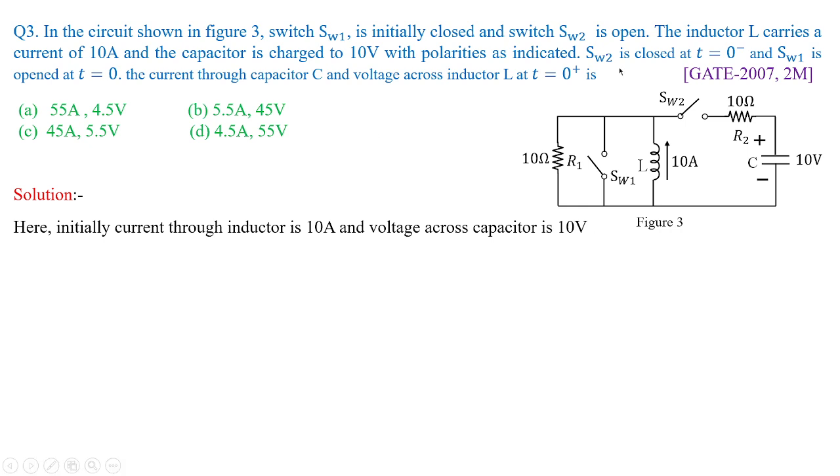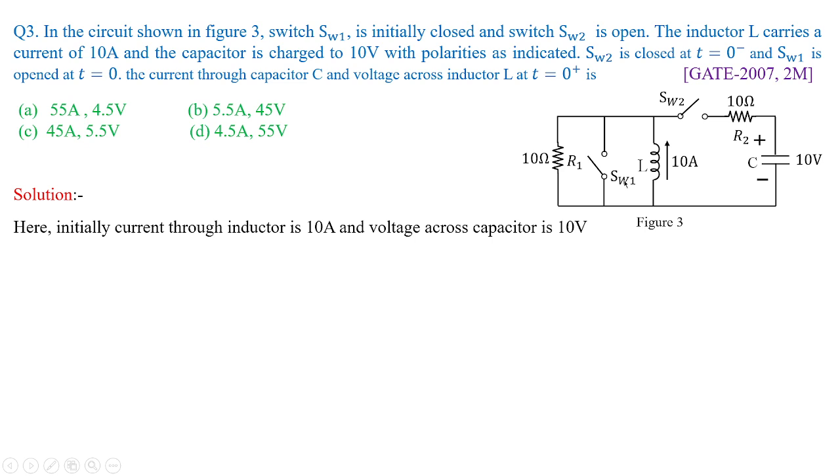Now, what happened? SW2 is closed at t equal to 0 minus and SW1 is open at t equal to 0. Means what? This switch is closed and this switch is open. So t equals 0 minus means before closing or before opening of switch SW1.